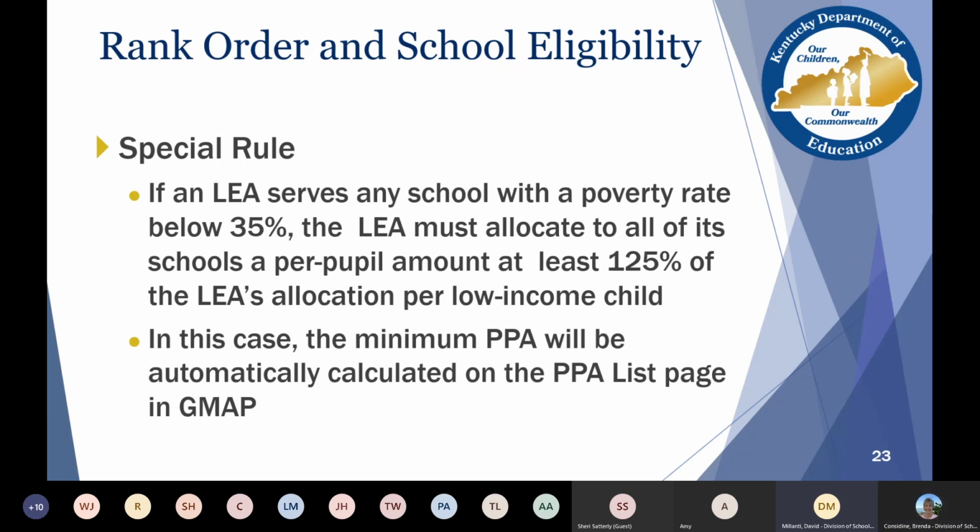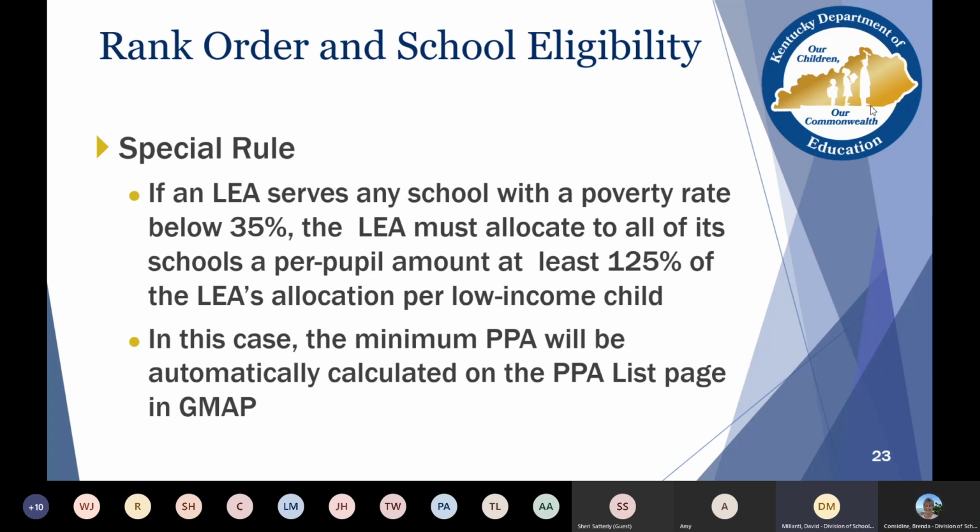And the district poverty average might be 20%. I was going to say 20 or 22 or something like that. Okay. So in those cases where they can't even get to that 35% rule, they are going to be required to apply that minimum PPA, which the system calculates for them.